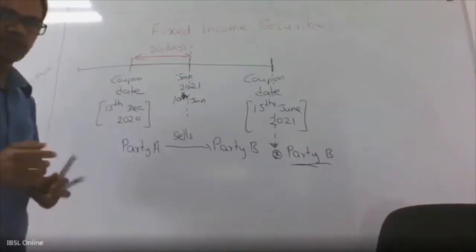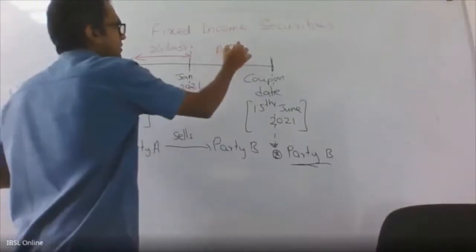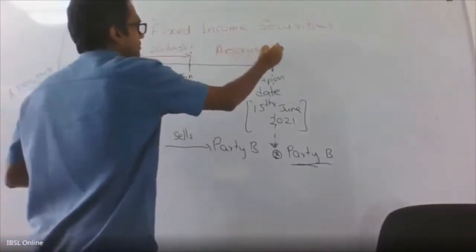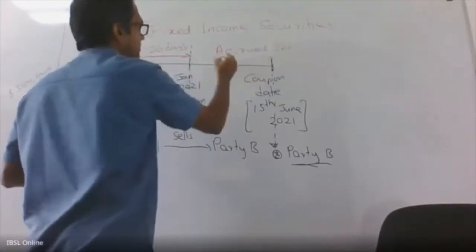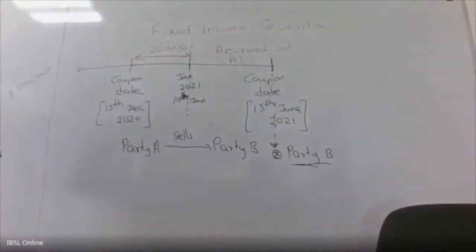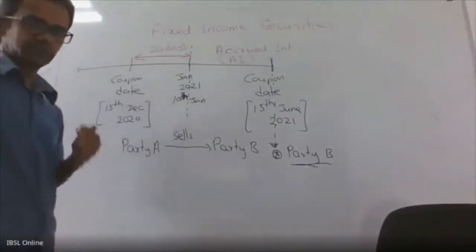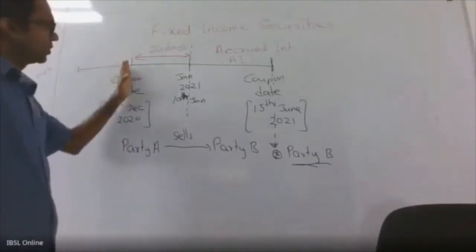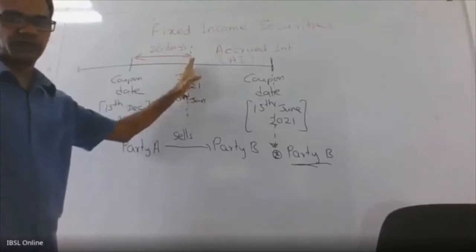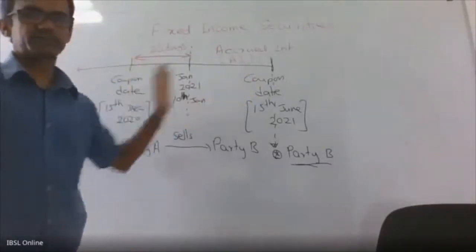That is what we call accrued interest, in short form AI. Accrued interest is whatever interest is earned from the last coupon date to a given settlement date in between two coupon dates.